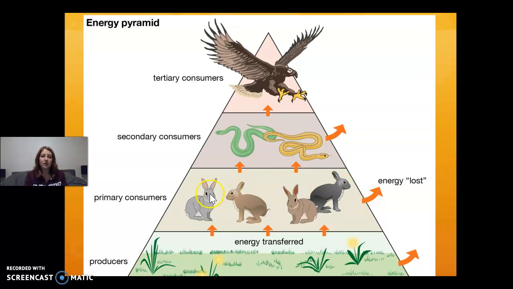Then the primary consumers get eaten by the secondary consumers, giving them energy. The secondary consumers are snakes right here, and they're going to use 90% of the energy they receive for themselves and give off only 10% of their energy up to the tertiary consumer right here. So again, starting at the bottom, you have the most energy. Going up, your energy decreases and only 10% of energy is given to the next trophic level.